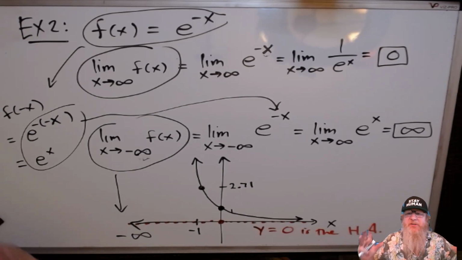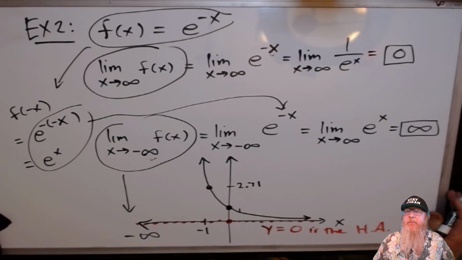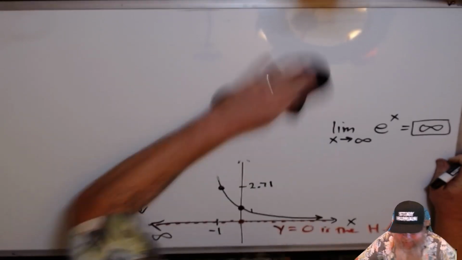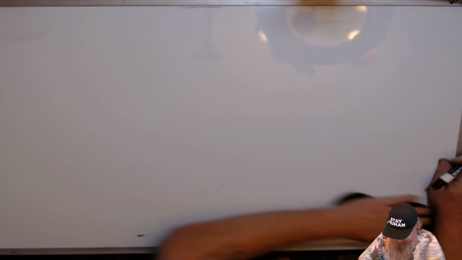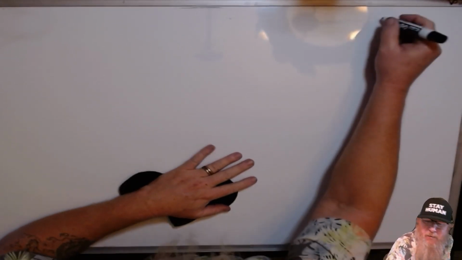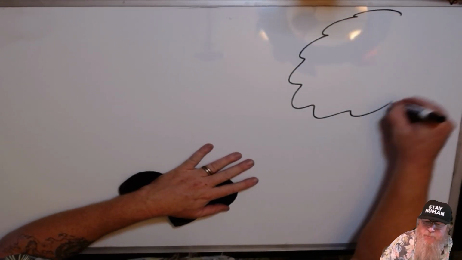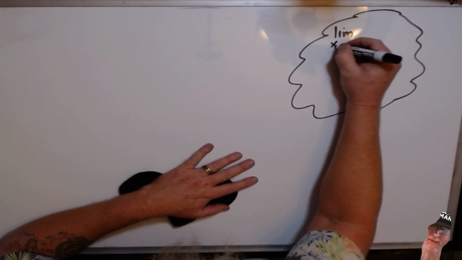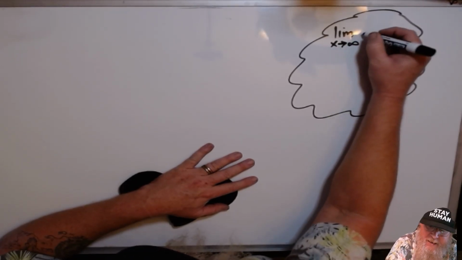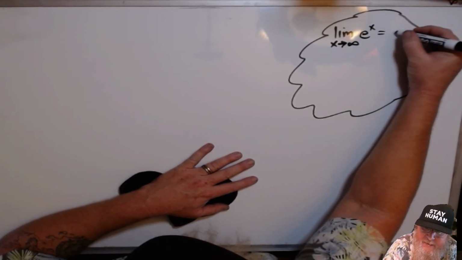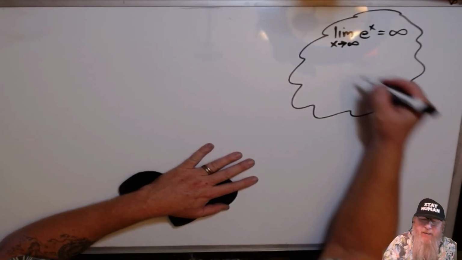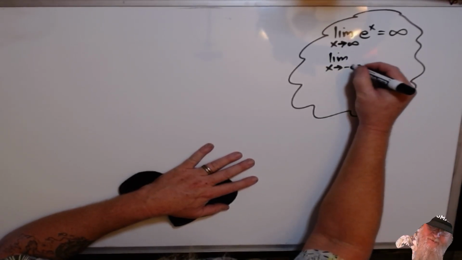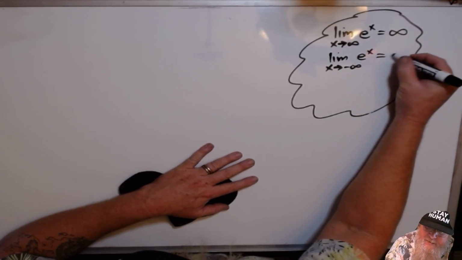I did 2 solid examples. We should probably save these results now. So let's save them in a cloud. I probably will have to erase them at some point, but the limit as x goes to infinity of e^x is infinity. The limit as x goes to negative infinity of e^x is 0.